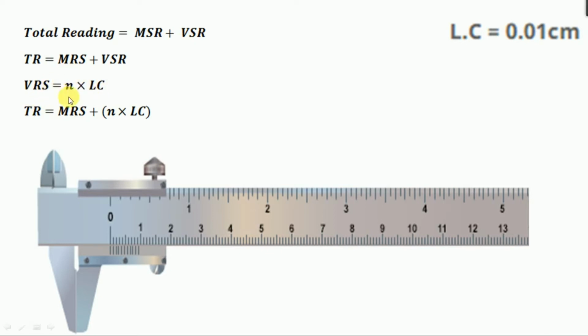N means the number of vernier divisions. So total reading is main scale reading plus number of vernier divisions into least count, and the least count we have already found, that is 0.01 centimeter for this vernier caliper. In the next slide we'll learn how to take measurement using this formula.